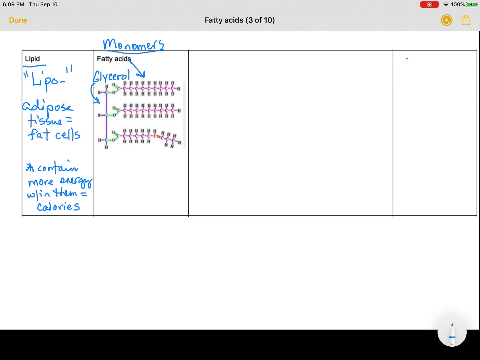Over here in the far column, some chemical properties. They are made of 3 types of atoms, the same 3 as carbs. Some are in rings, most of them are in chains, and we know that they're nonpolar. So they hate water. They really don't want to mix in water, which makes them hydrophobic.